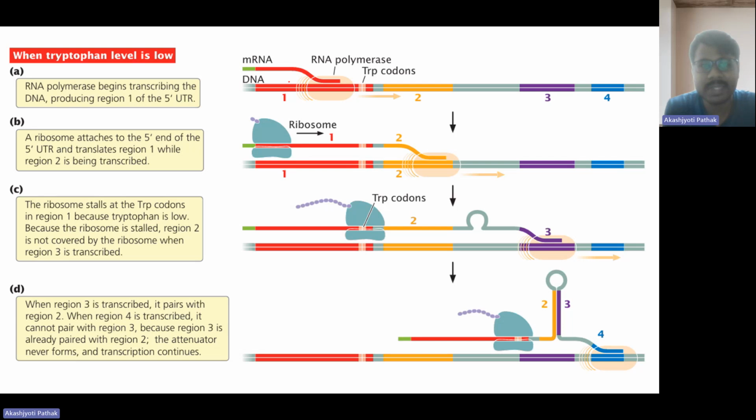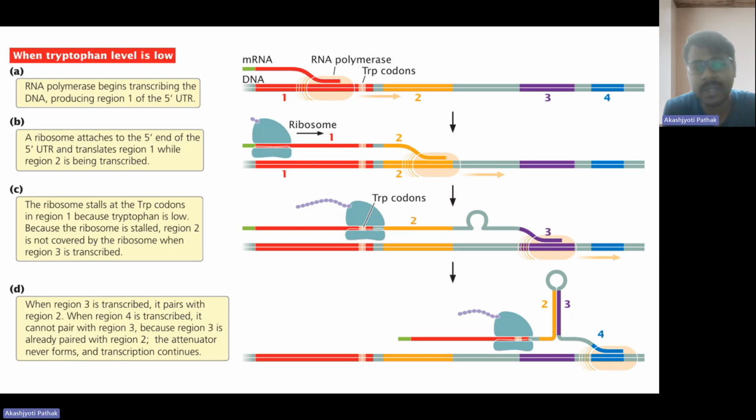When these regions start getting transcribed, you see here that this is my RNA polymerase. This RNA polymerase is transcribing the gene, and you can see here that my mRNA molecule is getting synthesized.